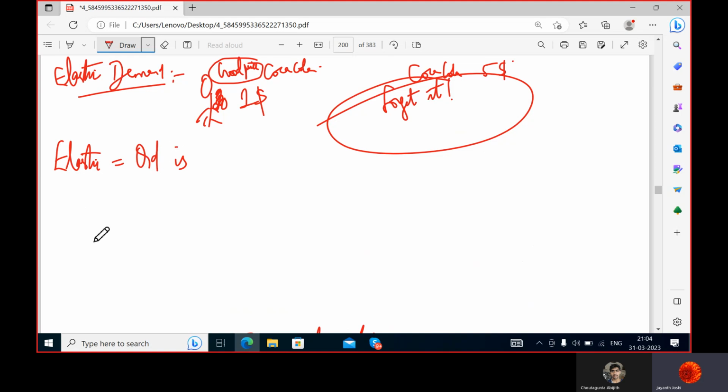So my version here would go with: quantity demanded is sensitive to change in price. If the price increases, quantity demanded will fall a lot.